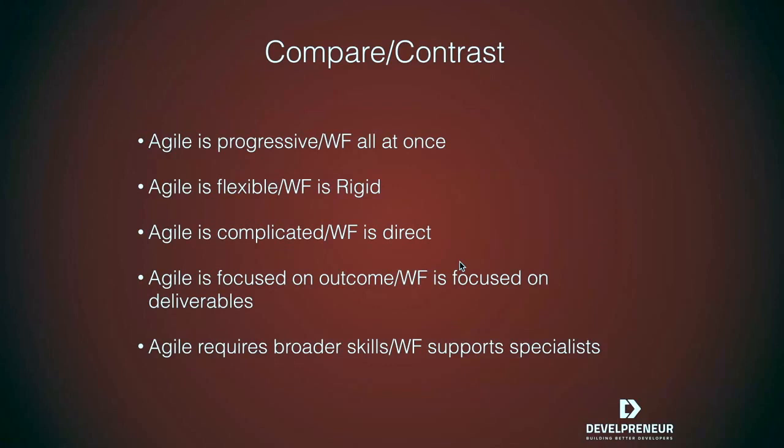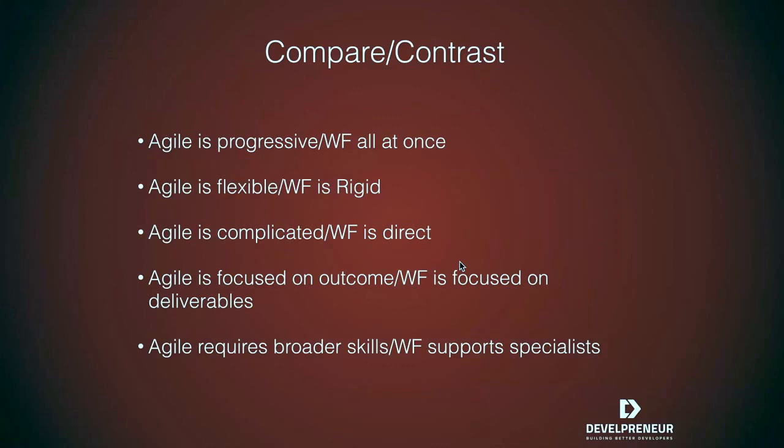I think the complexity in that, as I mentioned, there are these new roles and new jobs that come out of this, which really means Agile requires a broader skill set. Waterfall, because you're so focused in each step, allows you to have these specialists.